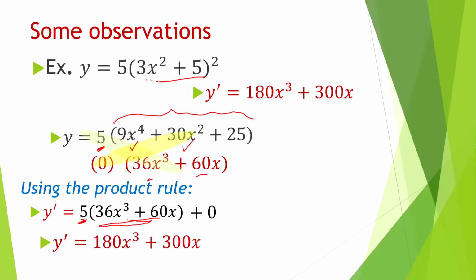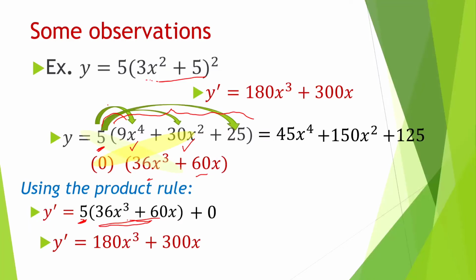What if we don't want to use the product rule? What if we want to apply the distributive property instead? So we have 45x to the fourth plus 150x squared plus 125. Let's get the derivative of this using the usual sum and difference rule. We can just differentiate this term by term.